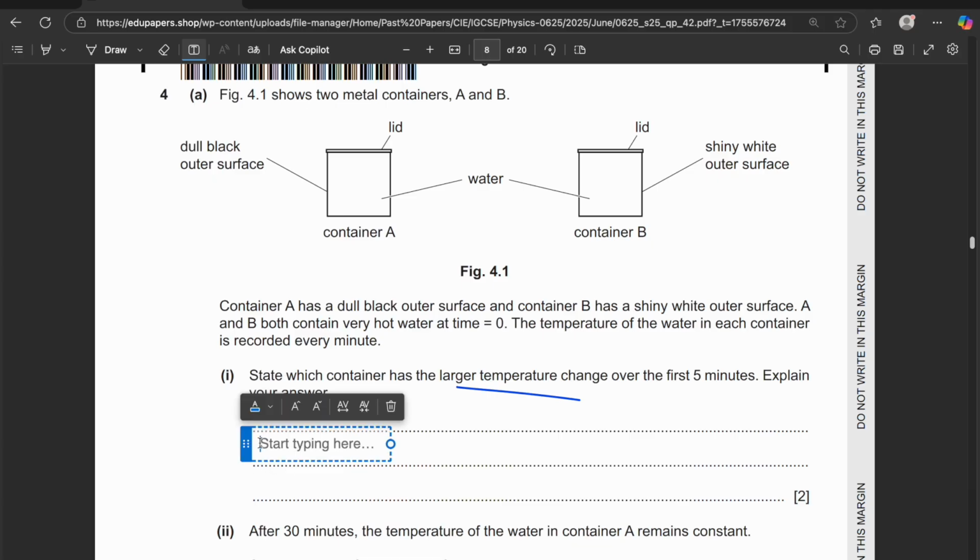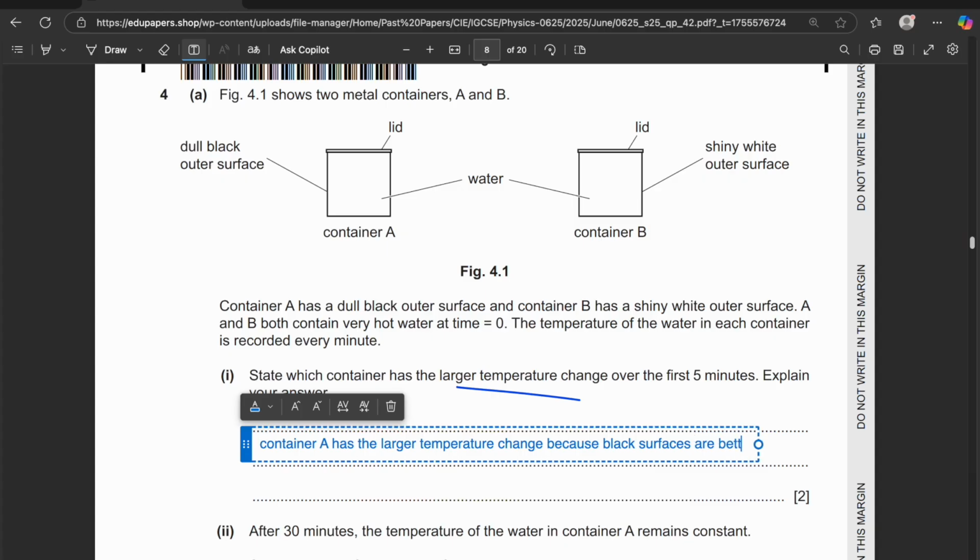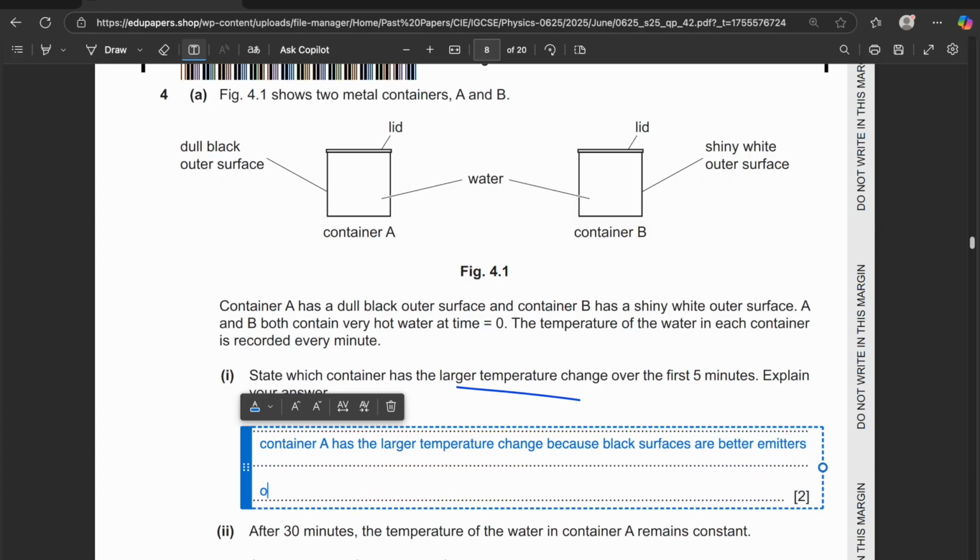So, you can say container A has the larger temperature change because these black surfaces are better emitters of radiation than shiny or white surfaces.